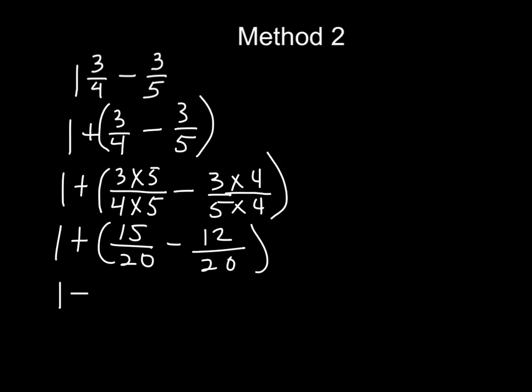And when I do that, I have 1 plus 3/20, which of course is going to be 1 3/20. That took fewer steps. It was pretty straightforward. It worked really well in this problem because the fraction we were subtracting was smaller than the fraction in the mixed number. Let's take a look at method 3 and see what that looks like.